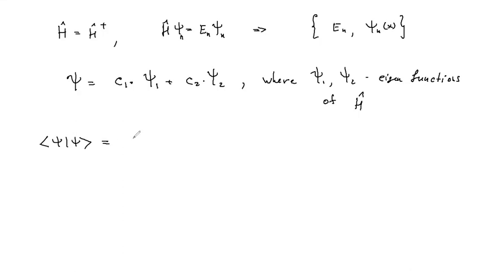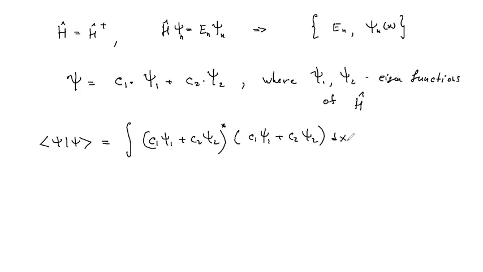So you have an integration C1 psi1 plus C2 psi2 conjugated. It's my bra vector and multiplied by C1 psi1 plus C2 psi2. It's my ket vector. Yeah, it's a definition of this scalar product.